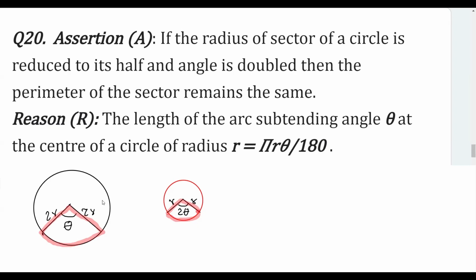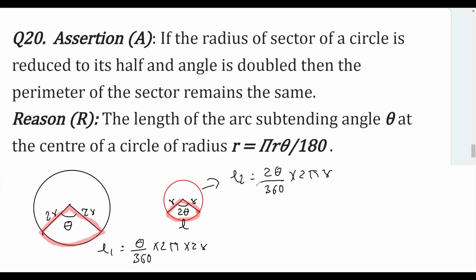If I get the length of the arc in the first case, I'll call it L1. The length is theta over 360 into 2 pi r, and r is 2r here. For the other circle, L2 is 2 theta over 360 into 2 pi r, where r is r in this case.